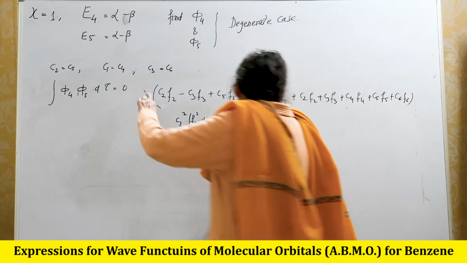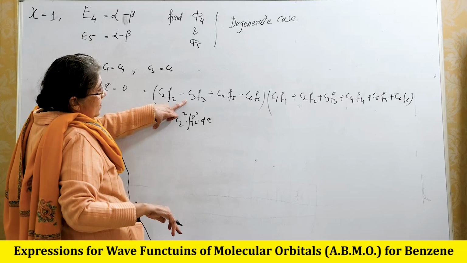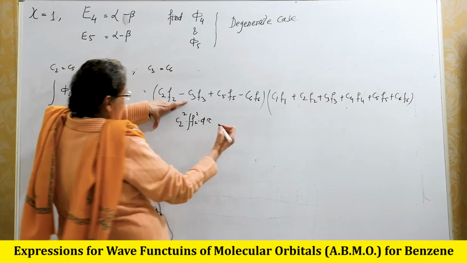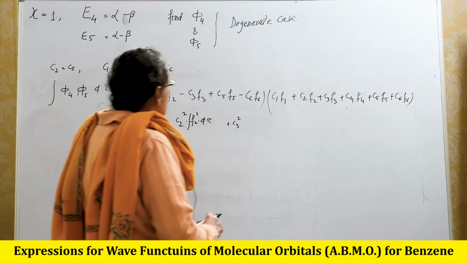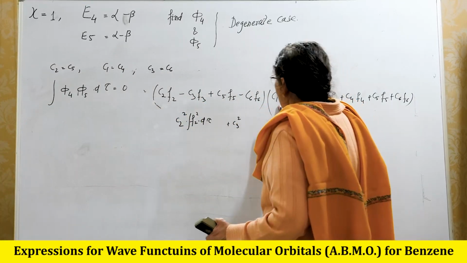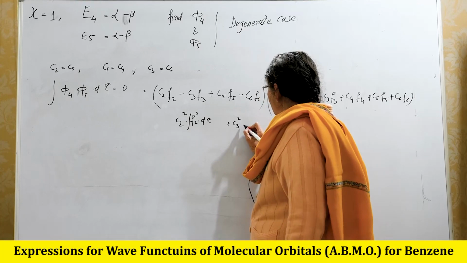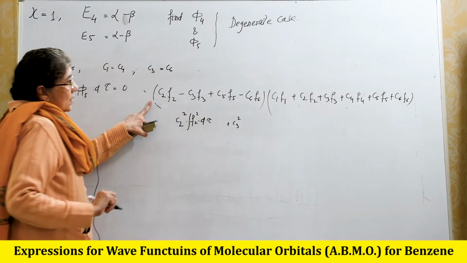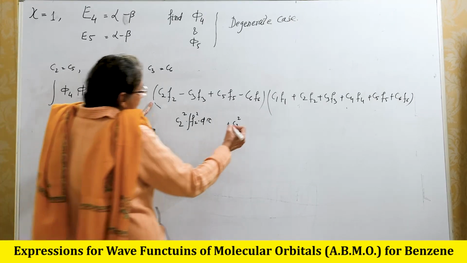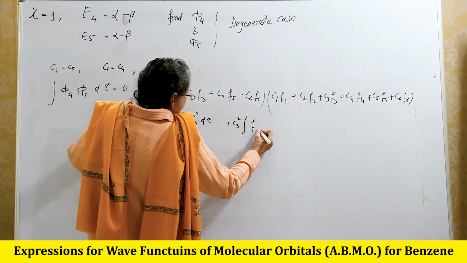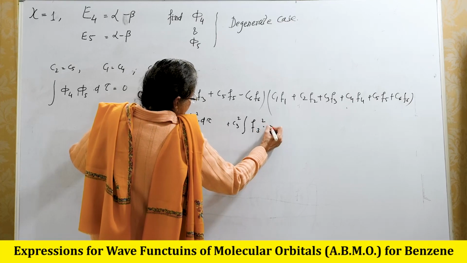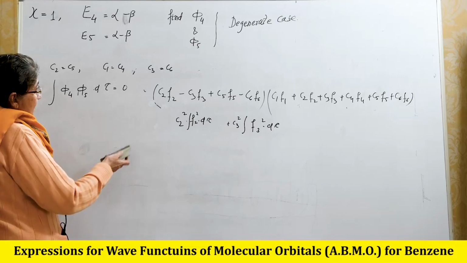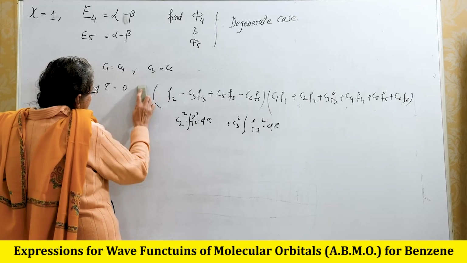Similarly, if we multiply C3 with C1 and C2, these are orthogonal, and C3 square F3 square d tau remains.